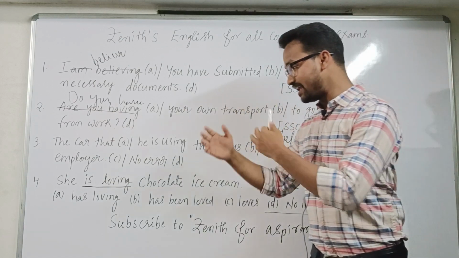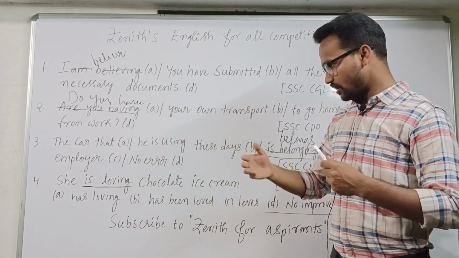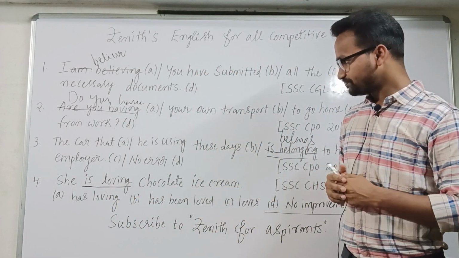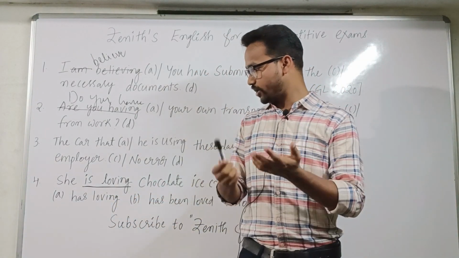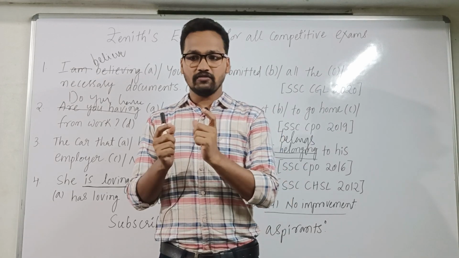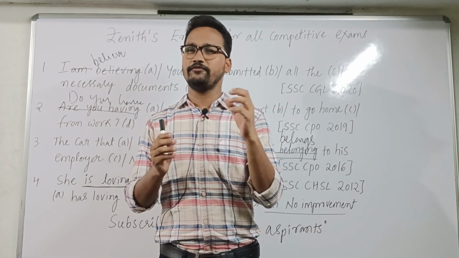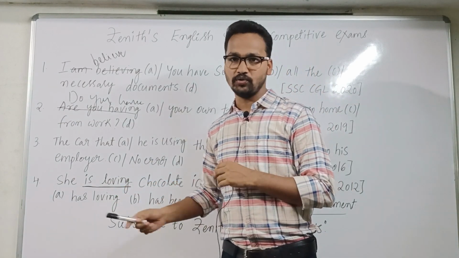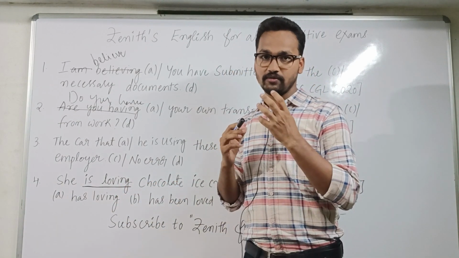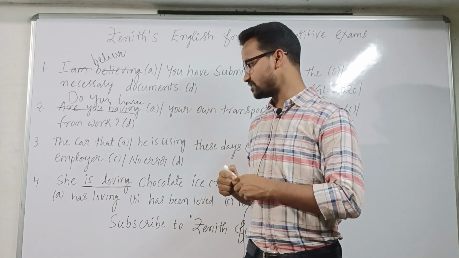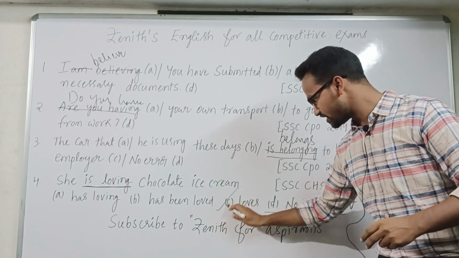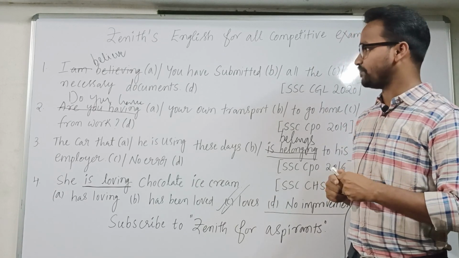If there is any error, we have to choose the option from A, B, C. Okay. And as I have already told you, love comes under verbs of feelings or emotions. That's why we cannot use it in the present continuous tense. Use it in the simple present tense. So from the given options, option C is correct.